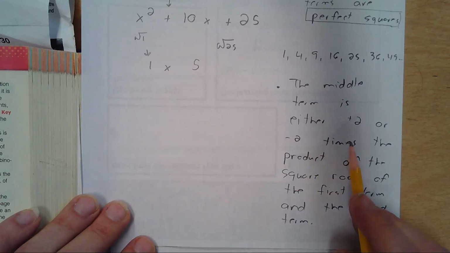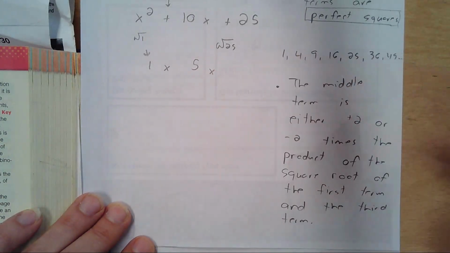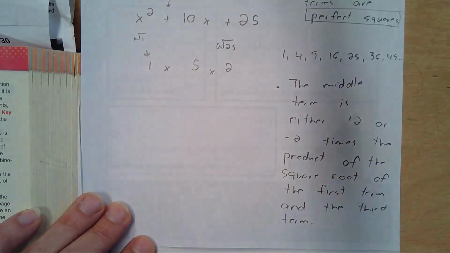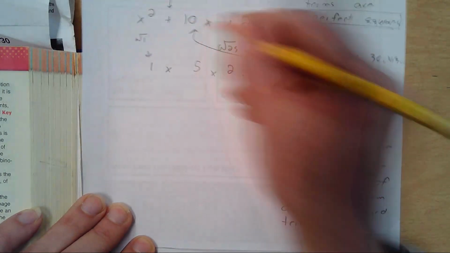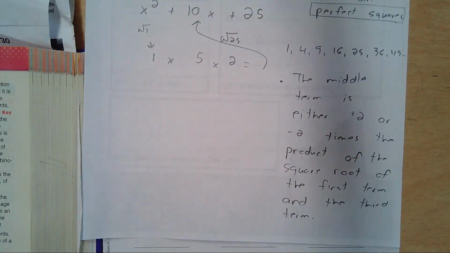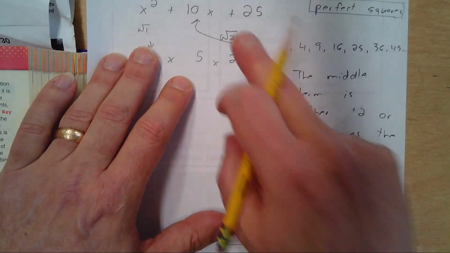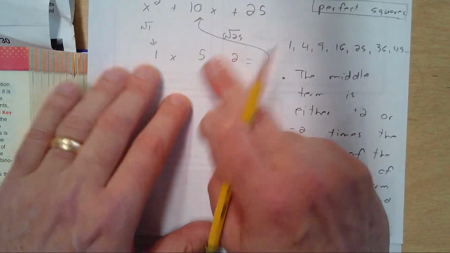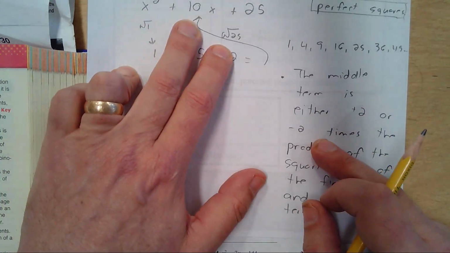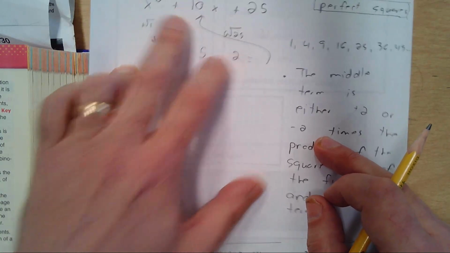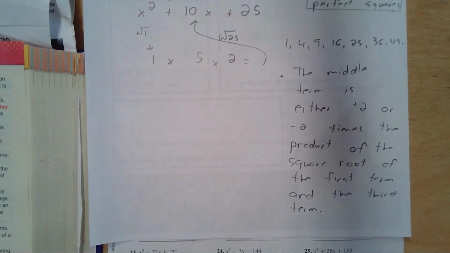And then I multiply by either positive 2 or negative 2. I'm going to multiply by positive 2. 1 times 5 times 2. There it is right there. There's my 10. So the square root of the first term and the square root of the third term, 1 and 5, multiplied by either positive 2 or negative 2. In this case, positive 2 because of the positive.